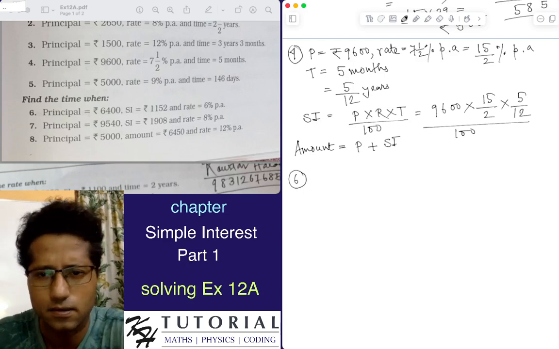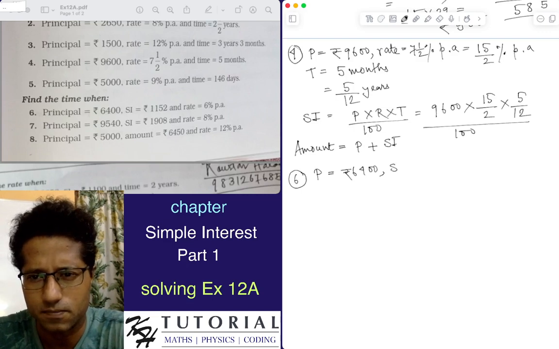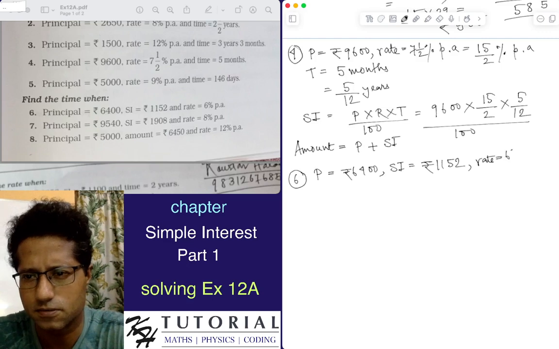We have to find T when principal P is given to be 6,400. SI, simple interest, is given to be rupees 1152, and the rate percent is 6% per annum. Rate will always be per annum.